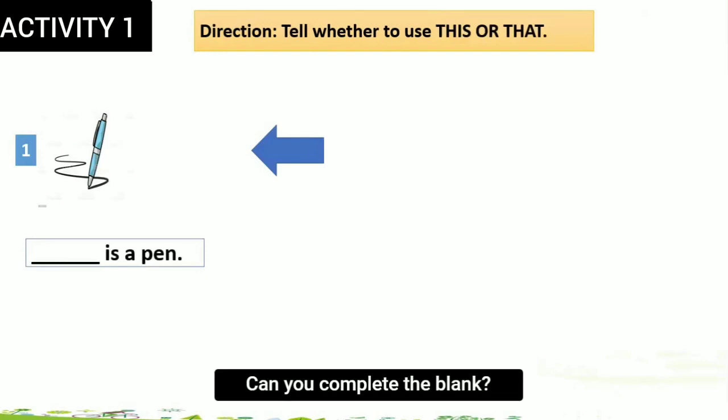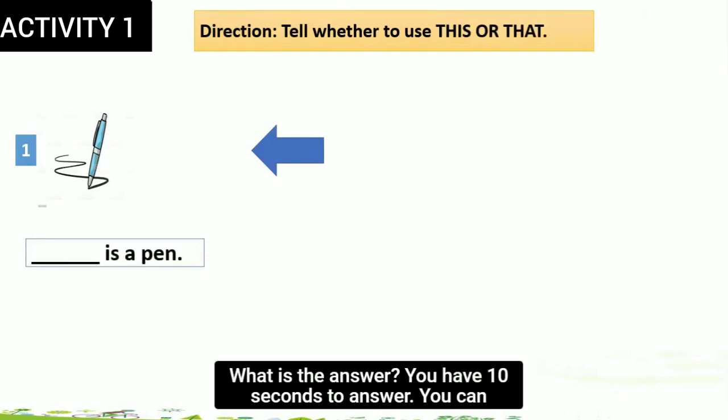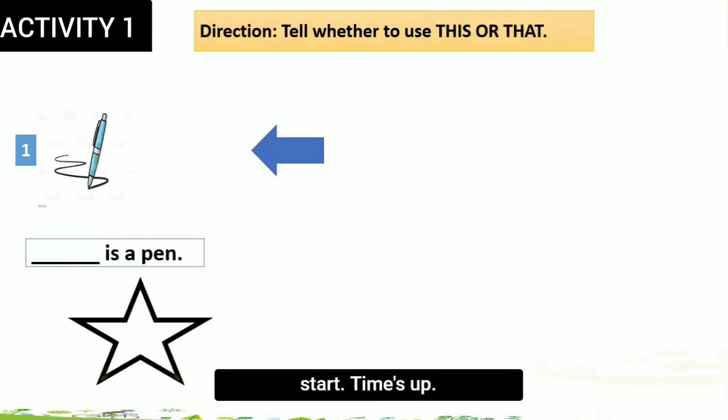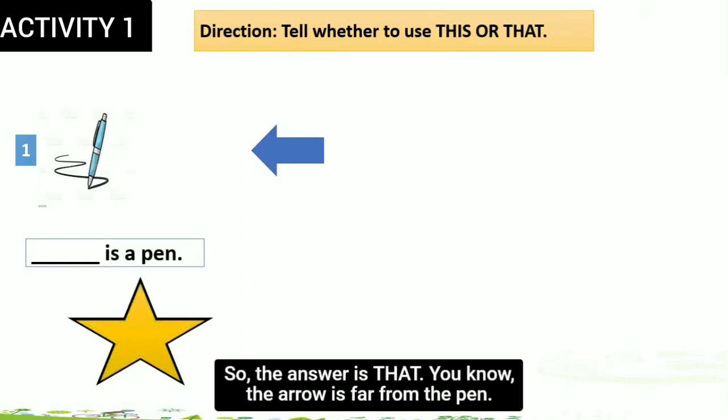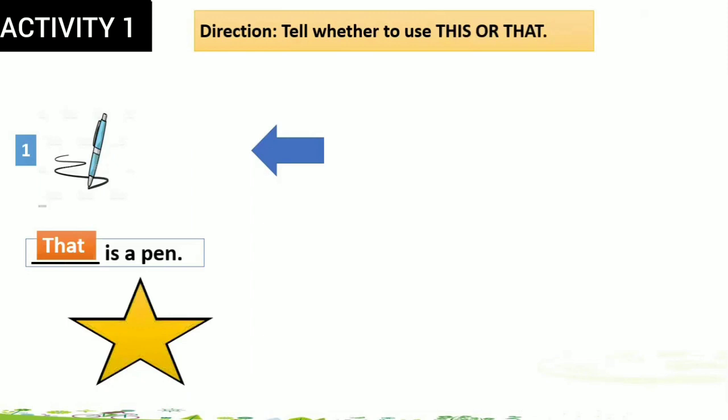Can you complete the blank? What is the answer? You have 10 seconds to answer. You can start. Time's up. So the answer is that, the arrow is far from the pen.